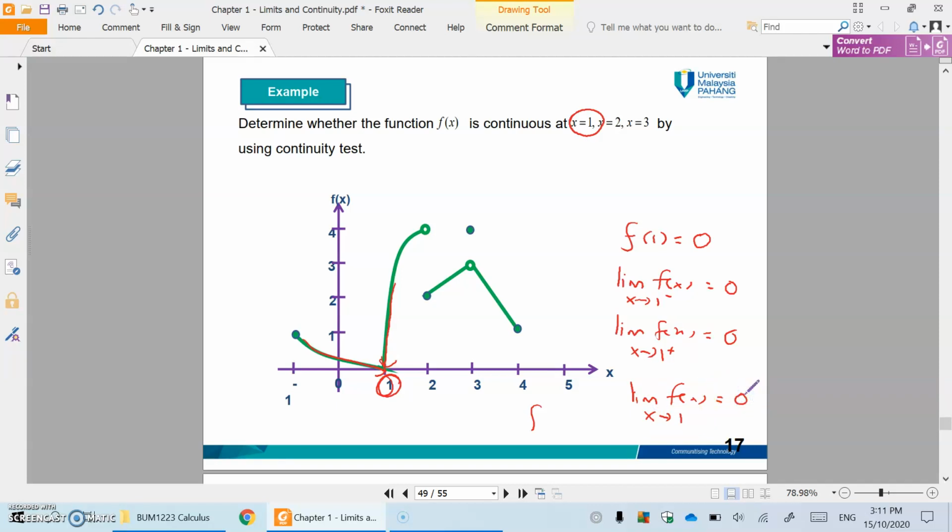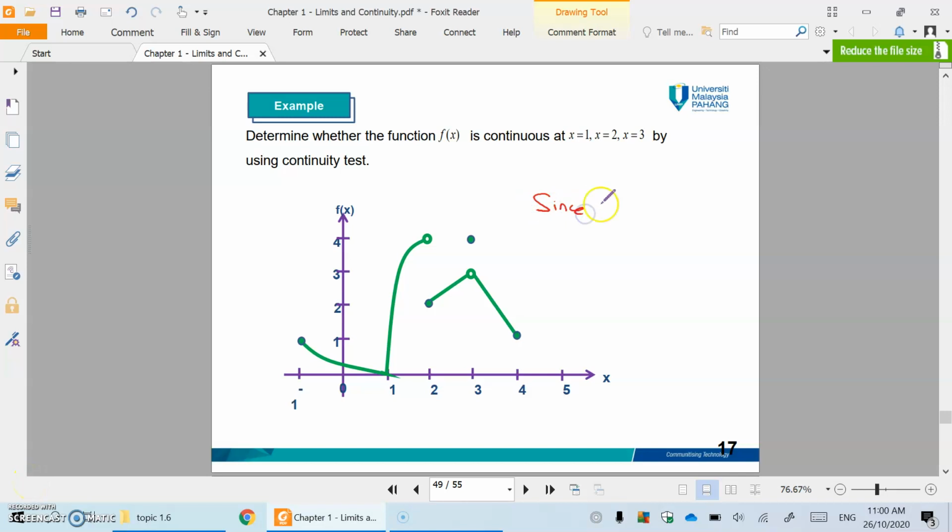Now we compare these two pieces of information: f(1) equals 0 and the limit of f(x) equals 0. Since the limit of f(x) as x approaches 1 equals f(1), which equals 0, hence we can say that the function f(x) is continuous at x equals 1.